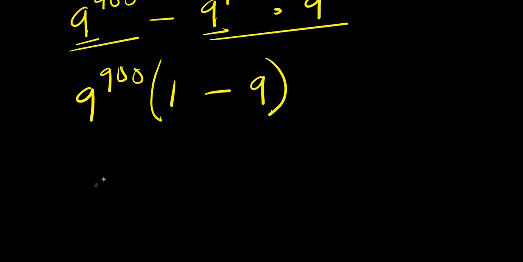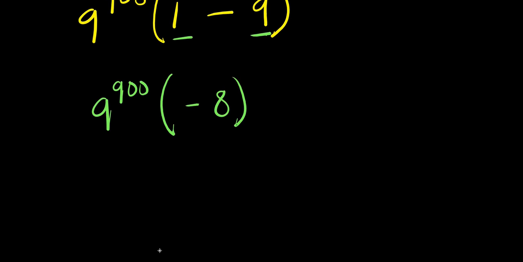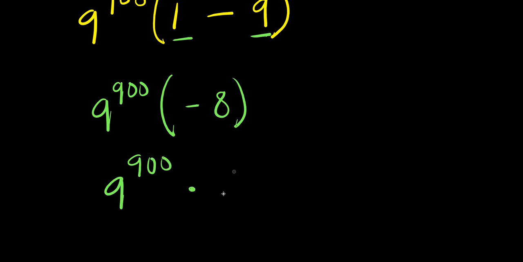So from here, I will have 9 to the power of 900 times 1 minus 9. This is negative 8. So from here, I can have 9 to the power of 900 times 8 times negative 1.